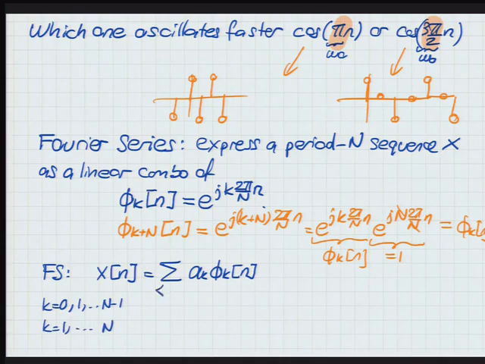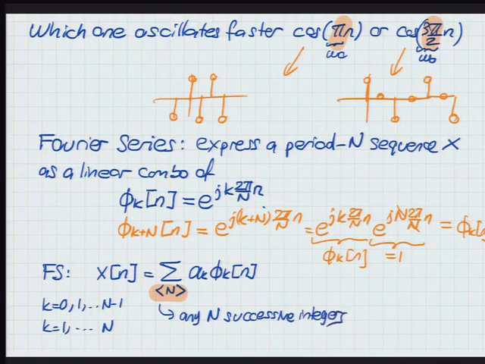So to allow all choices, we're going to use this notation here, where these brackets will mean any N successive integers. Your call where you start. So that's the Fourier series.